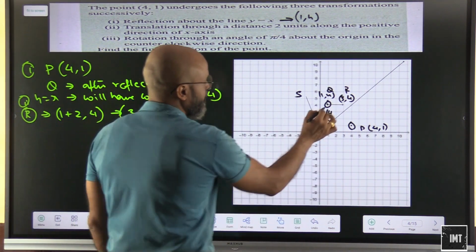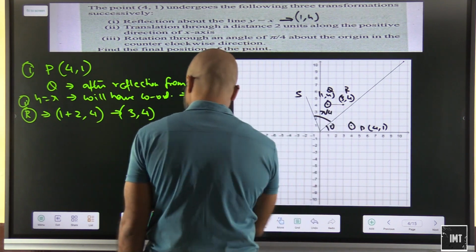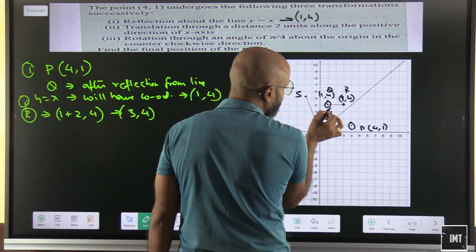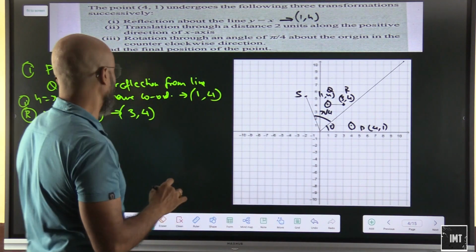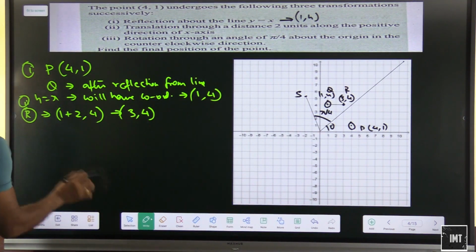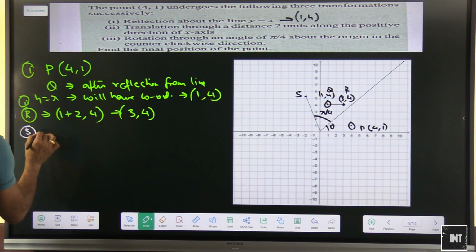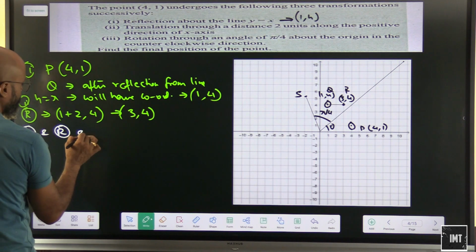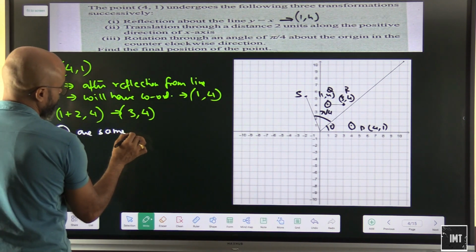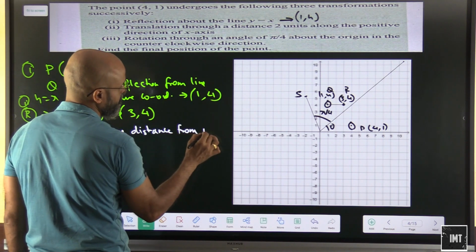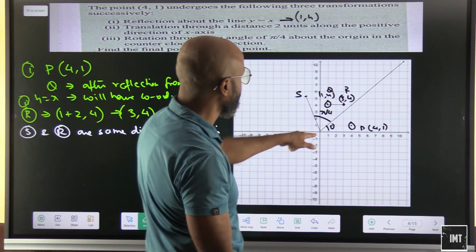Here this is basically the point R, which has been rotated by an angle of pi by 4 reaching S. Obviously, S and R are the same distance from the origin. How much is this distance? Let's calculate this.